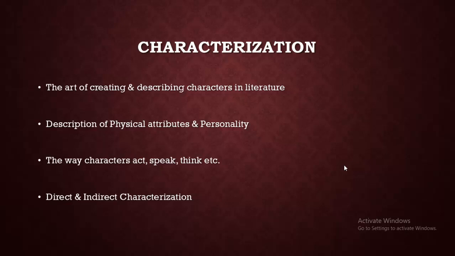So a writer generally describes the physical attributes of a character, about his appearance, about his or her dress, about his or her age and physical body and physical features, the color of his hair and the color of his skin and eyes, etc.